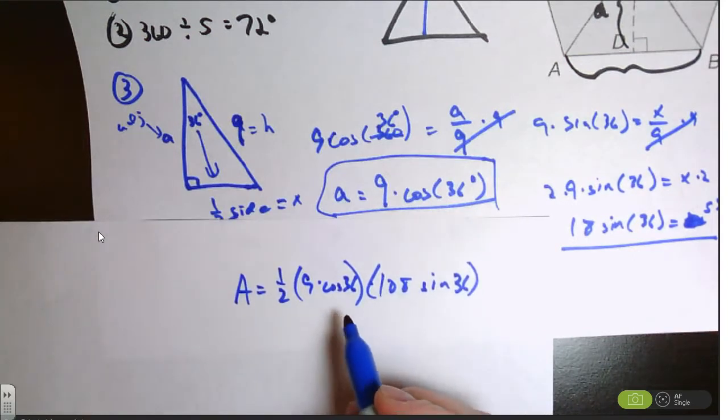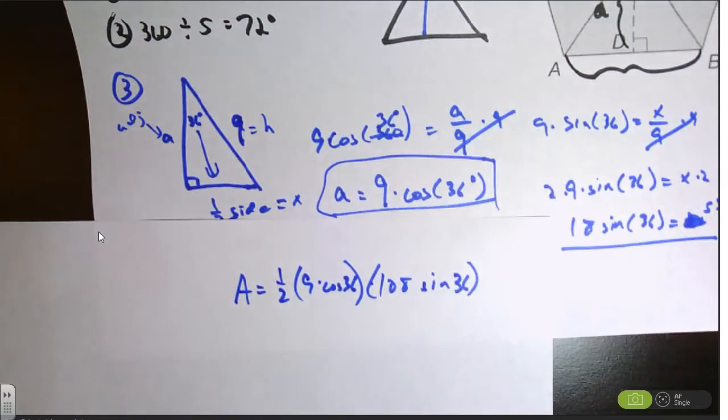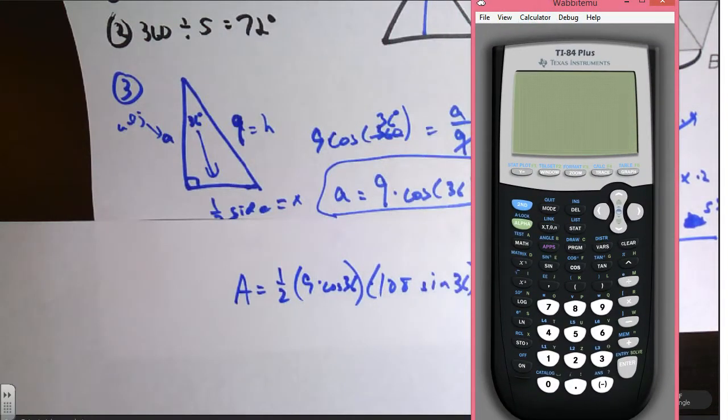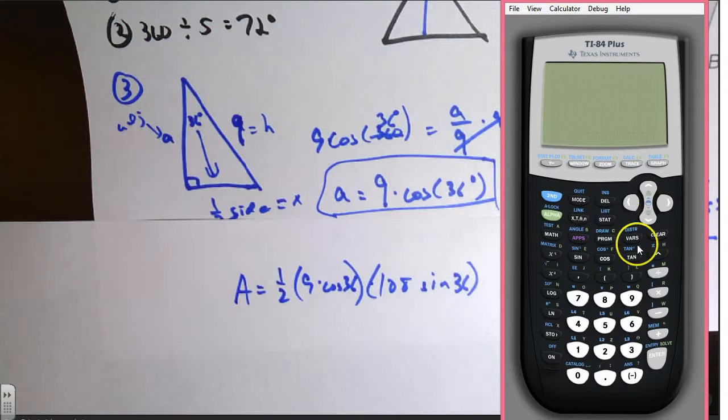1/2 times the 9 times the cosine of 36 times 108 times the sine of 36. Now, this is when the book throws it all into the calculator. So 0.5 times 9 times cosine 36 times 108 times sine of 36.